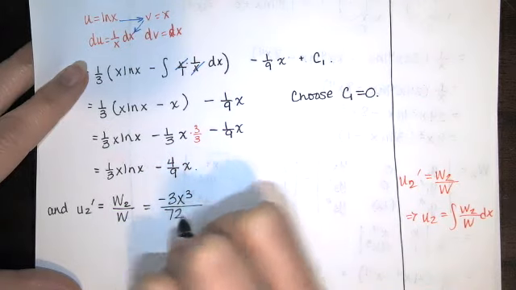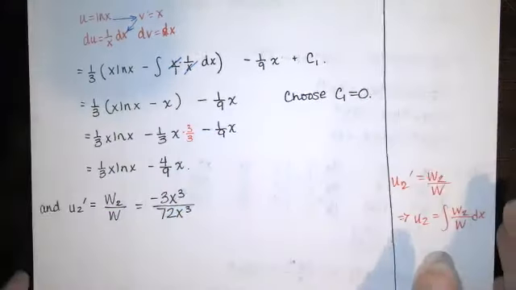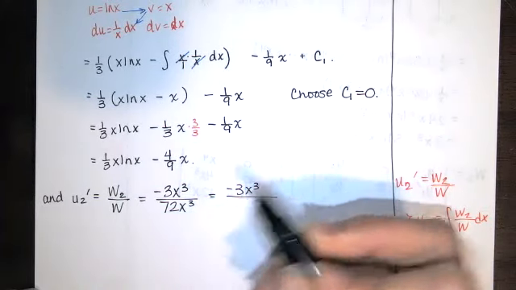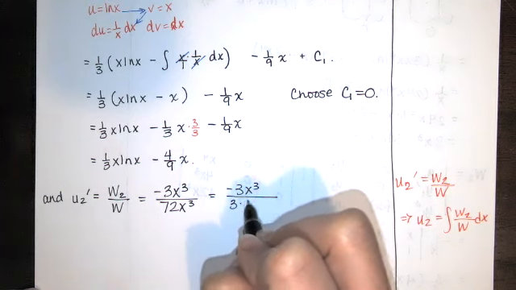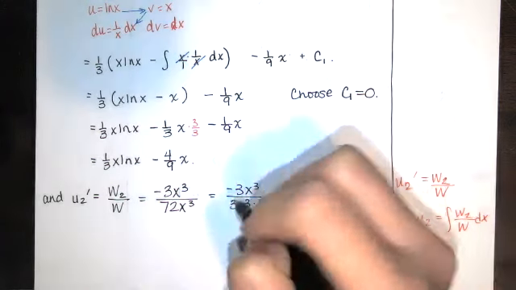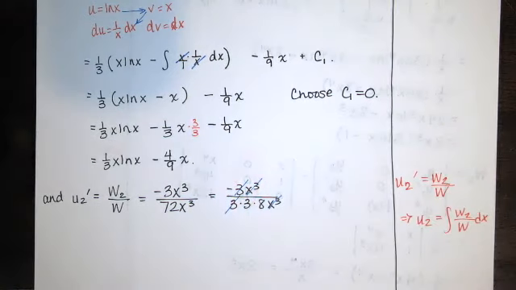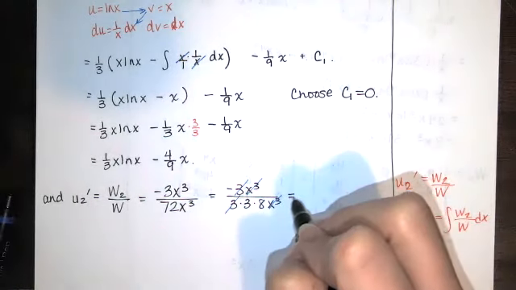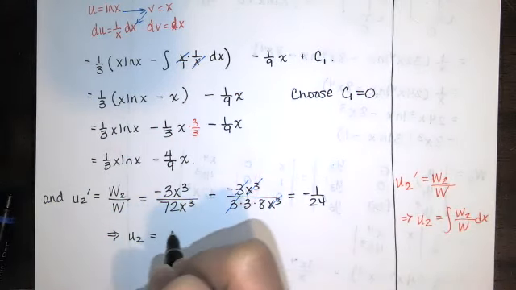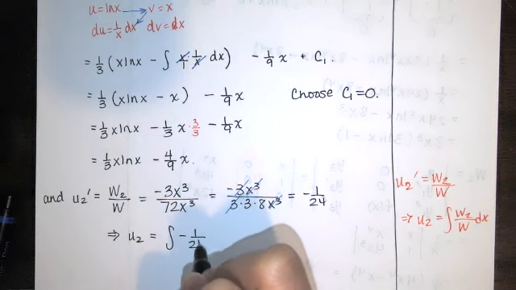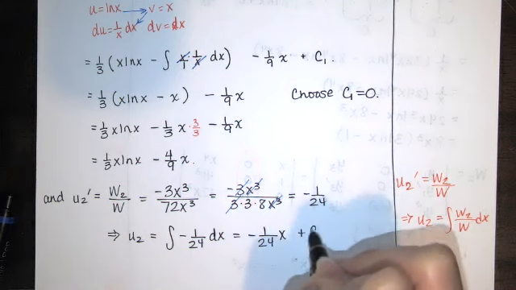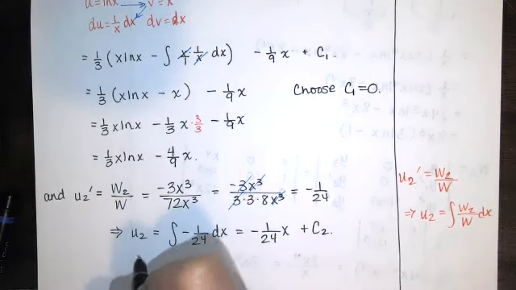And w was 72x cubed. So we can simplify that. 72 is 9 times 8, so that's 3 times 3 times 8. The 3's reduce, the x cubes reduce, and we end up with a negative 1 over 24. So u2 is the antiderivative of negative 1 over 24, which is that times x, plus a constant, and we're going to choose that constant to be 0.